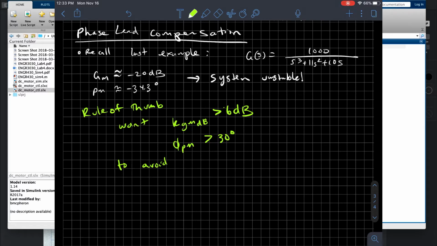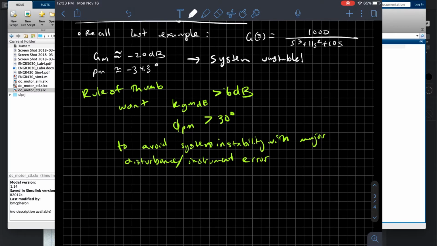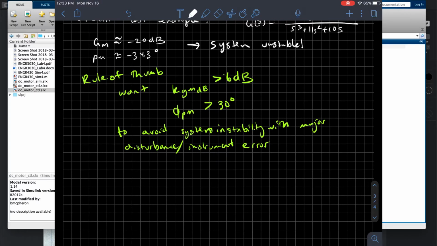The reason that we want this is to avoid any major disturbances or instrument errors causing the system to become unstable. With this in mind, I'm wondering if we could reduce the gain of that system to try to achieve that rule of thumb. So I'm going to multiply the system by 0.05. Then G(s) would be equal to 0.05 times 1000 over s cubed plus 11s squared plus 10s.